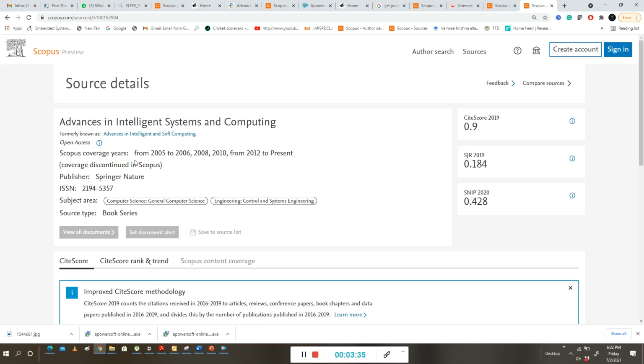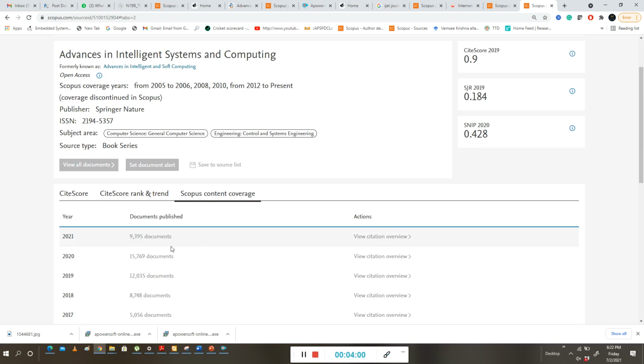Now we see Scopus coverage 2005 to 2006, and 2007 there is no coverage, 2008, 2009 no coverage, 2010 to present. But here see, discontinued in Scopus. So that means the journal does not belong to Scopus. Please try to understand. Coverage discontinued in Scopus means the particular journal is not indexed in Scopus, right?